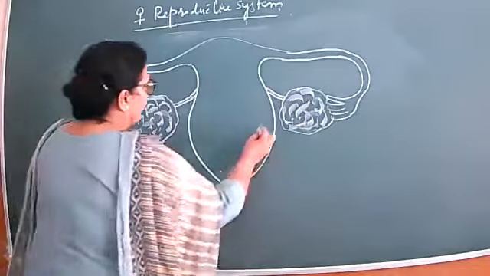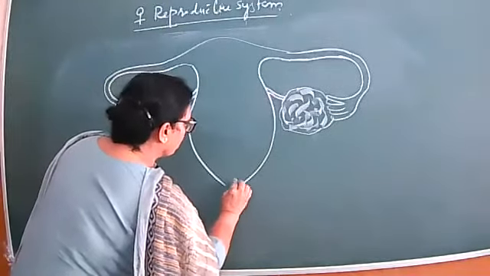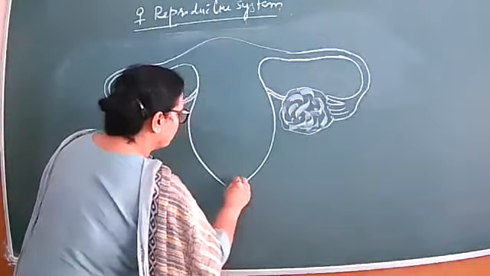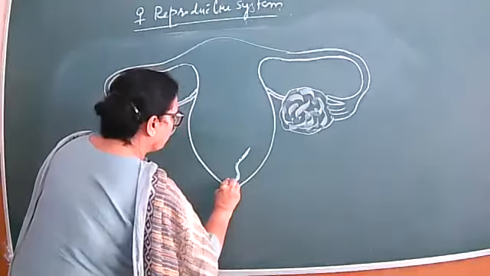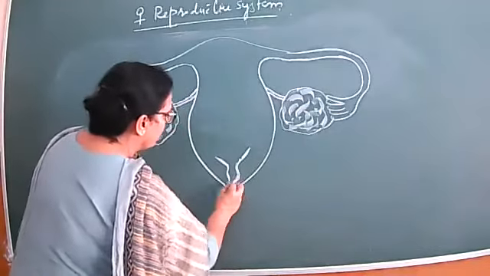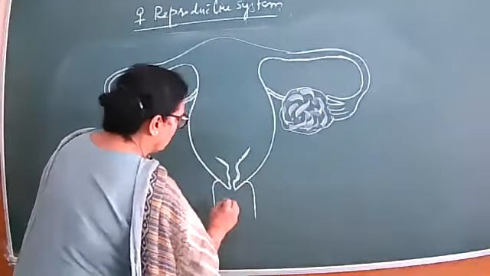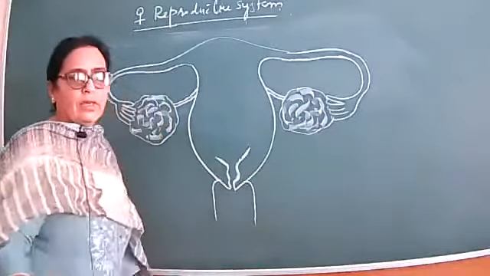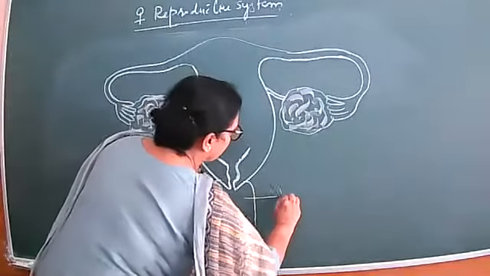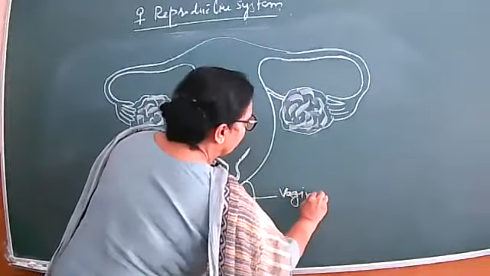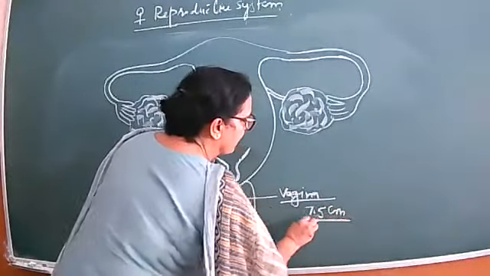Then the lowermost part of the uterus opens up into a tubular portion known as the vagina, about 7.5 centimeters in length.